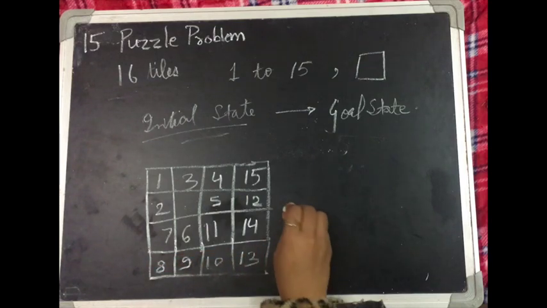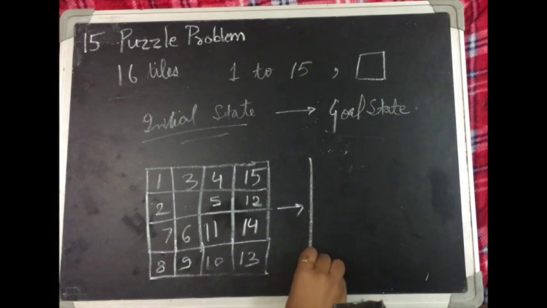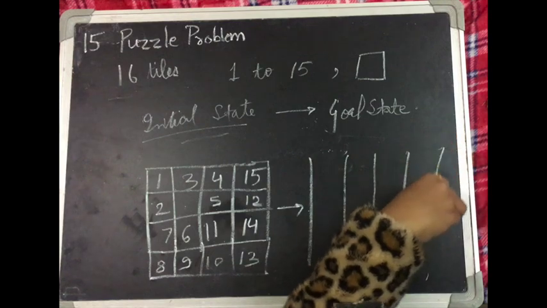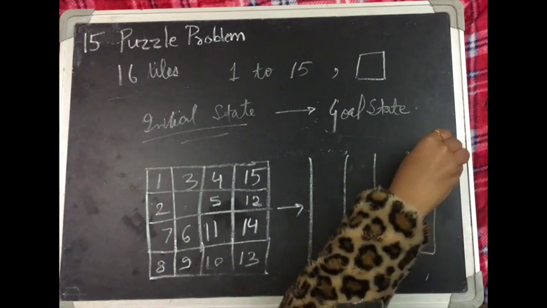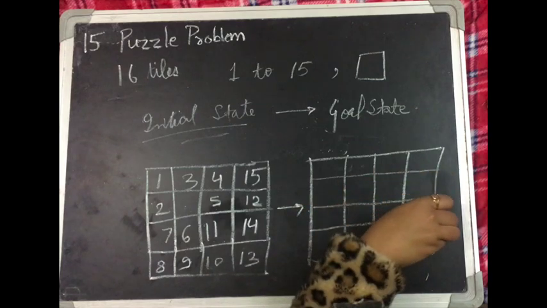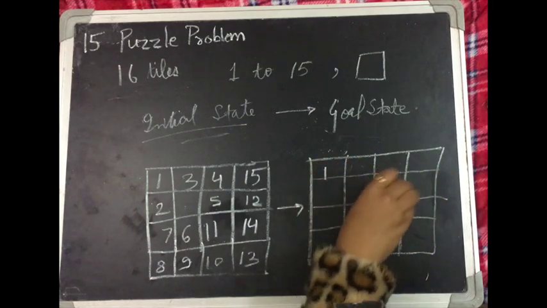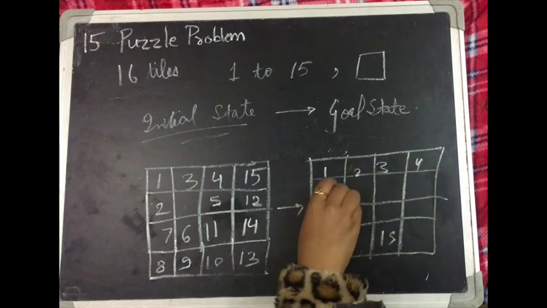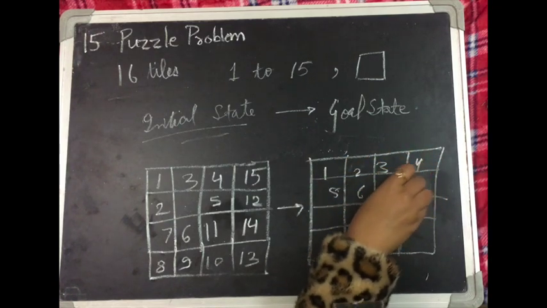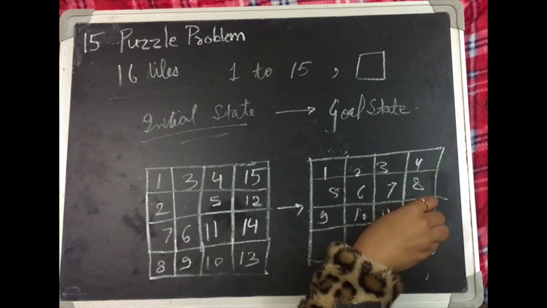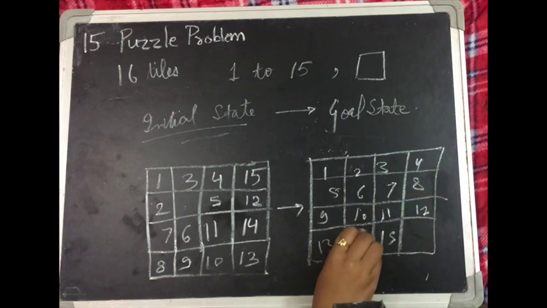Now I have to convert it into a 4 by 4 matrix of 1 to 15, and that should be empty. 5, 6, 7, 8, 9, 10, 11, 12, 13, 14, 15.